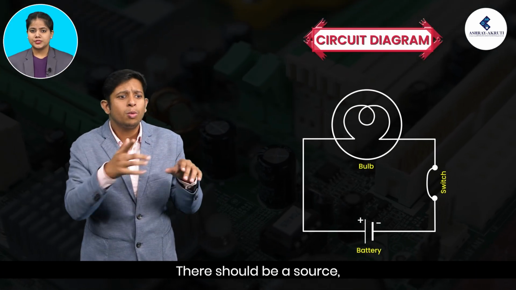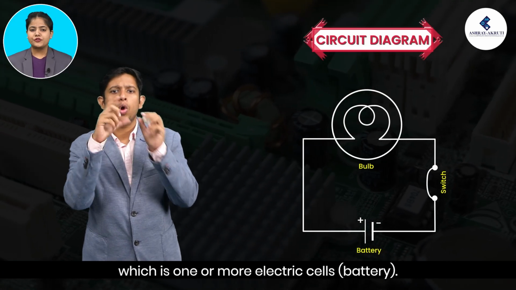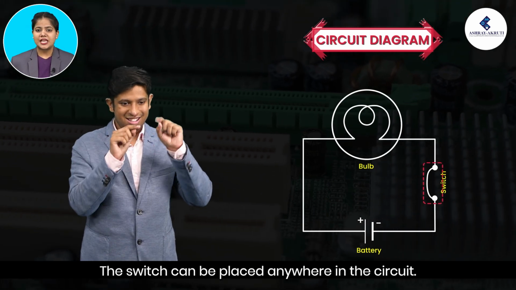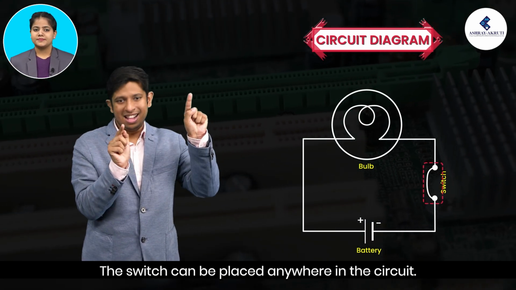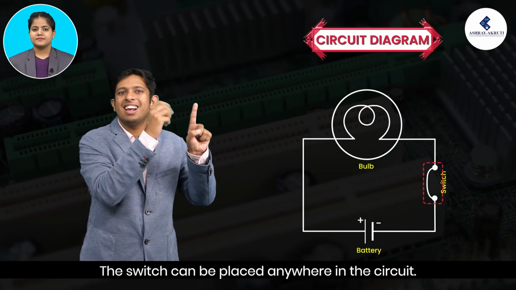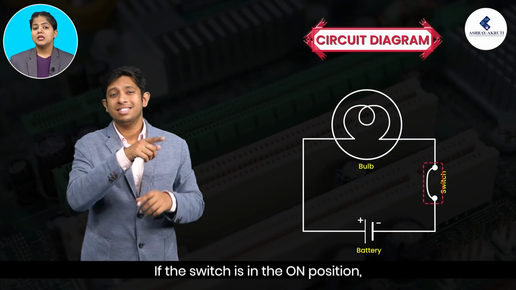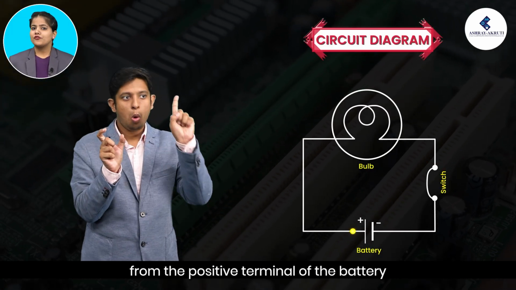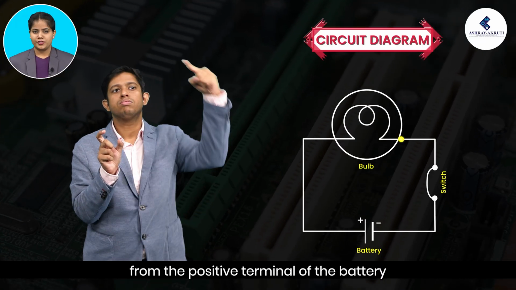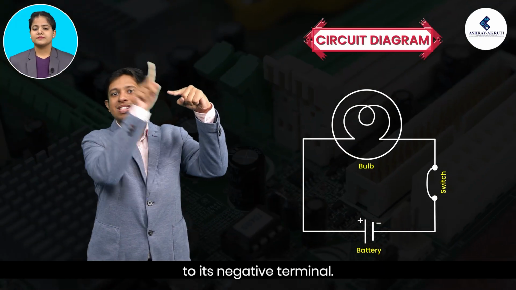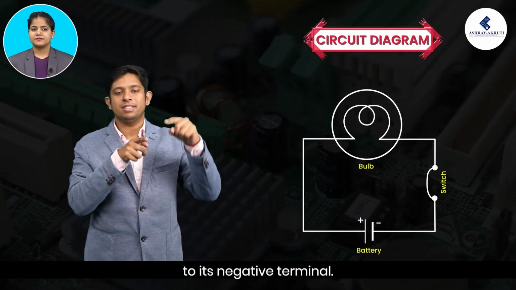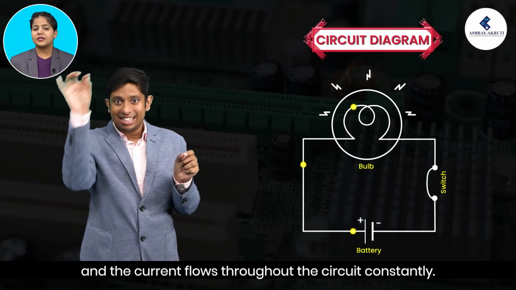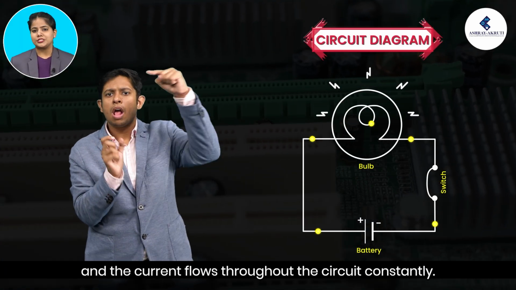There should be a source, which is one or more electric cells, battery. The switch can be placed anywhere in the circuit. If the switch is in the on position, the circuit is complete from the positive terminal of the battery to its negative terminal. The circuit is then said to be closed and the current flows throughout the circuit constantly.